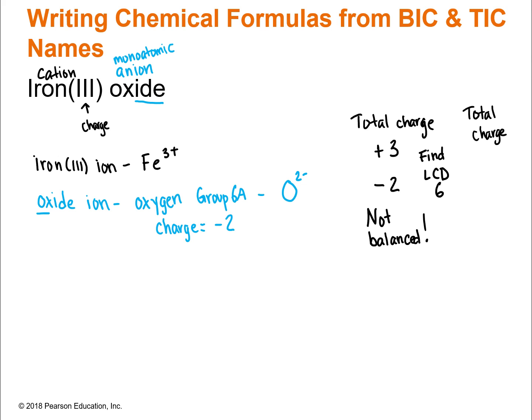And it is the smallest number that we can divide both of these numbers into. So that means we need to have a +6 charge for the iron and a -6 charge for the oxide.